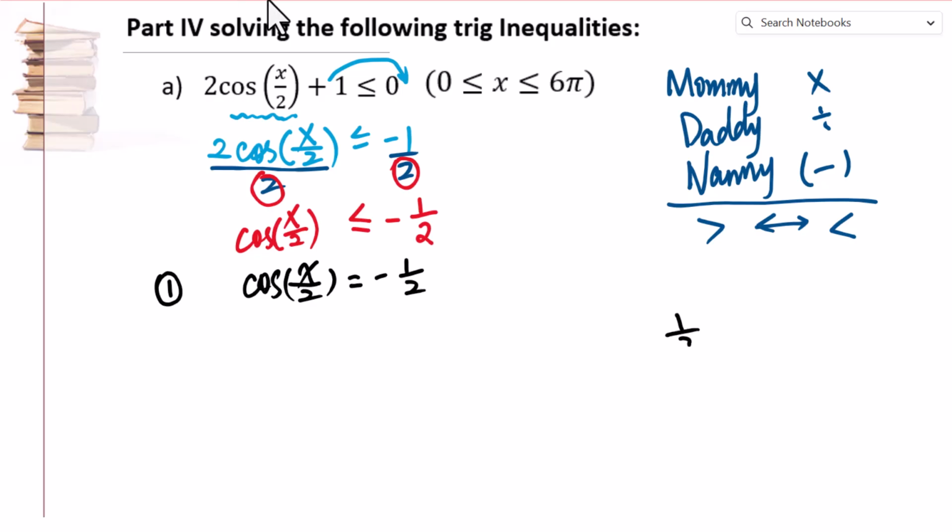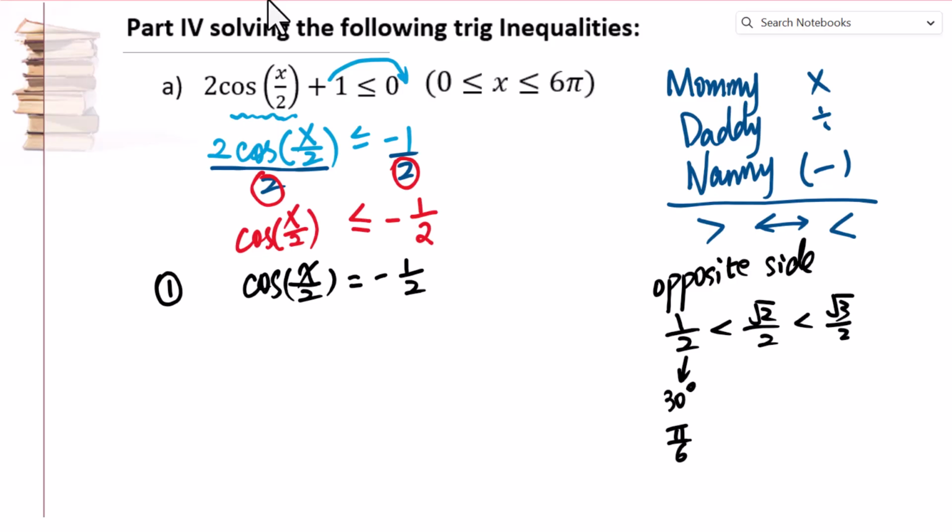We know 1/2 is less than square root 2 over 2, which is less than square root 3 over 2. When the opposite side is 1/2, the reference angle is 30 degrees, which is pi over 6.